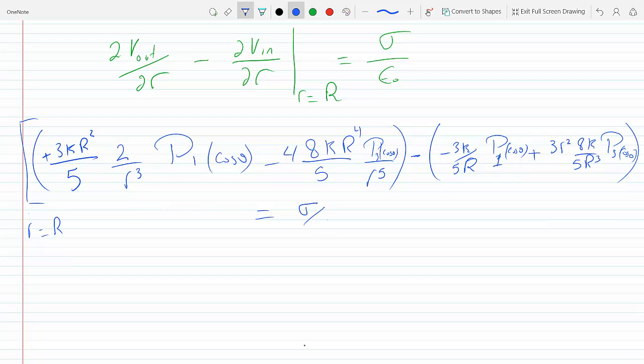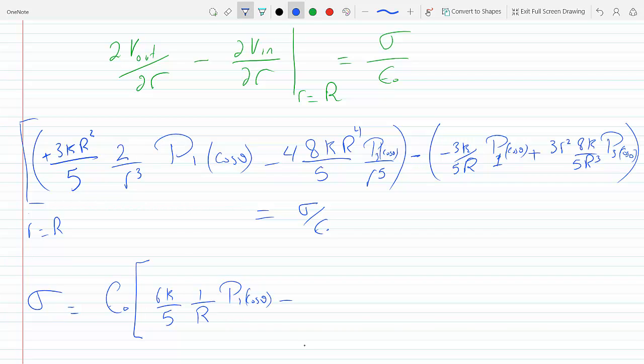So sigma will just equal, multiply this whole thing by epsilon, plug in big R for small r, and you get 6k over 5, r squared over r cubed, that's 1 over r, P1 cosine theta. Okay, minus, what's this?